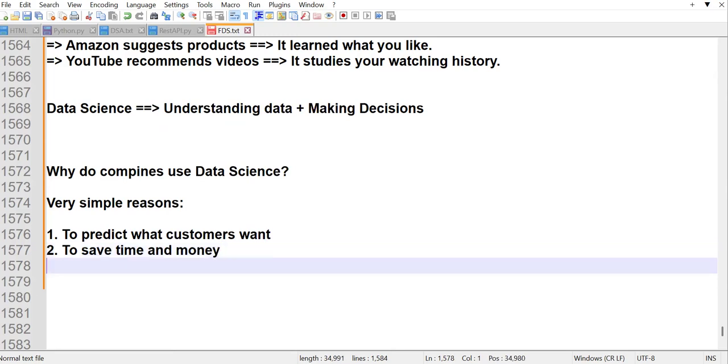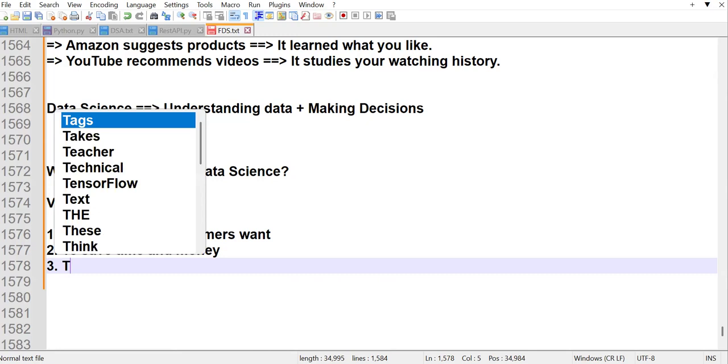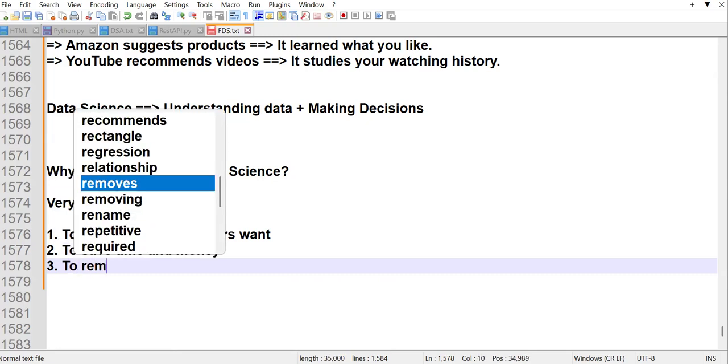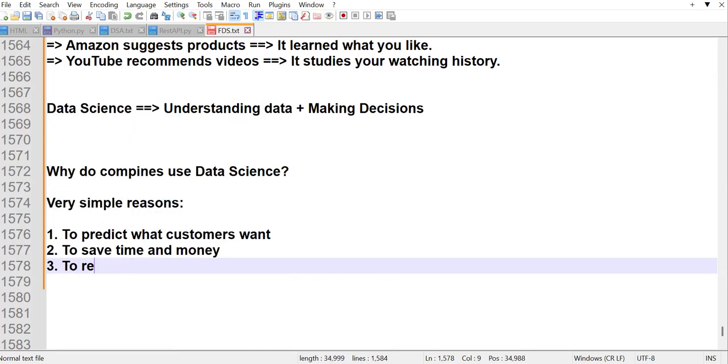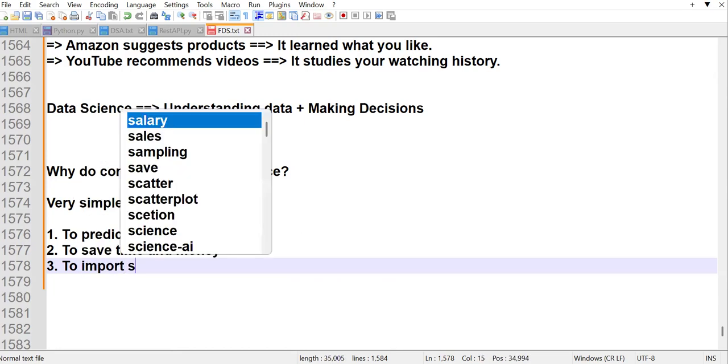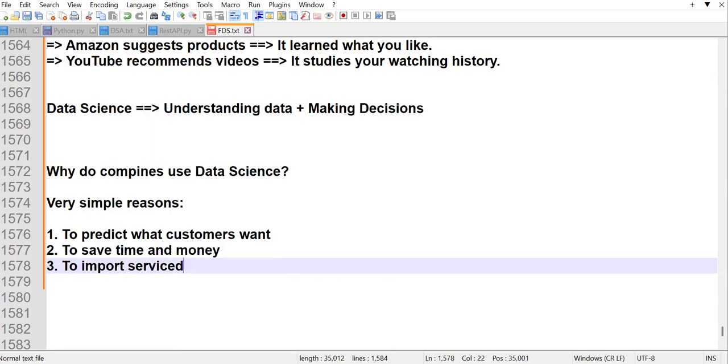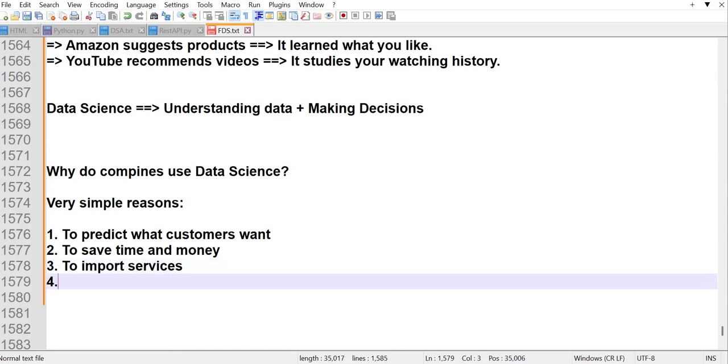If we suggest relevant products, relevant things to the customer, it will save time and money. We will not produce unnecessary things. And to improve services, so like that we can improve the services as well.